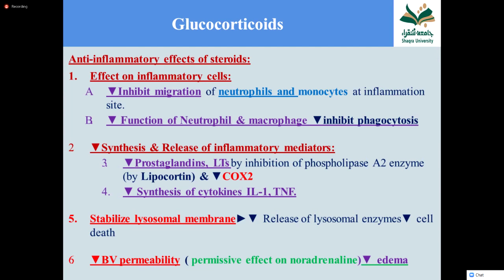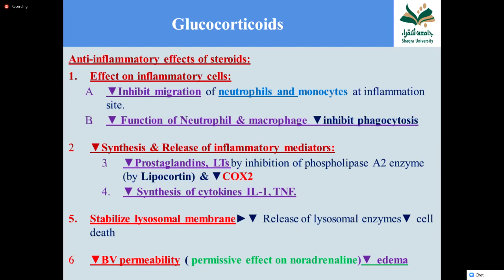So ultimately it inhibits phagocytosis and the synthesis and release of inflammatory mediators. We have already seen this in the previous slides. So it decreases prostaglandin and leukotriene synthesis by inhibiting the phospholipase A2 enzyme, by lipocortin or annexin 1, and by inhibition of induction of COX-2 also.